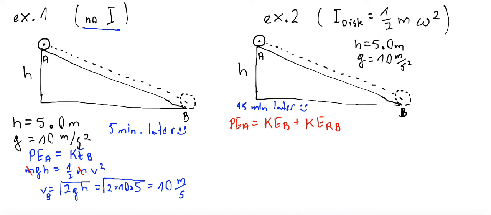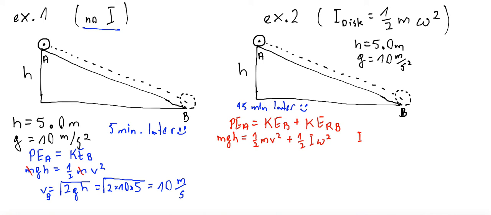Okay, so mgh must be equal to half of m v squared plus half of I omega squared, because rotational kinetic energy is given by half the moment of inertia times angular velocity squared. And of course we know these two equations.